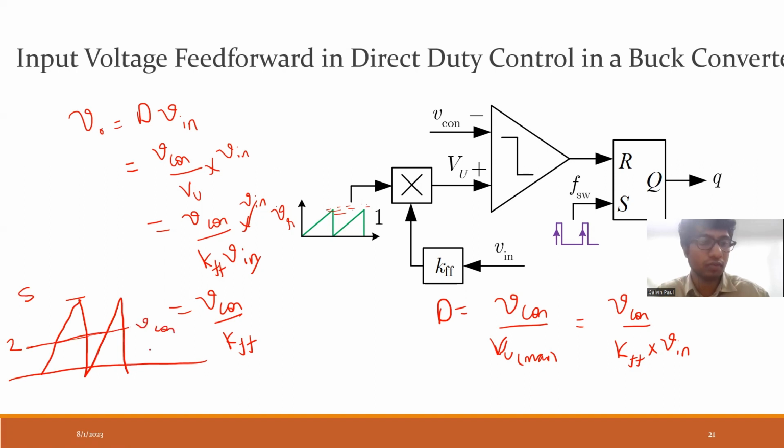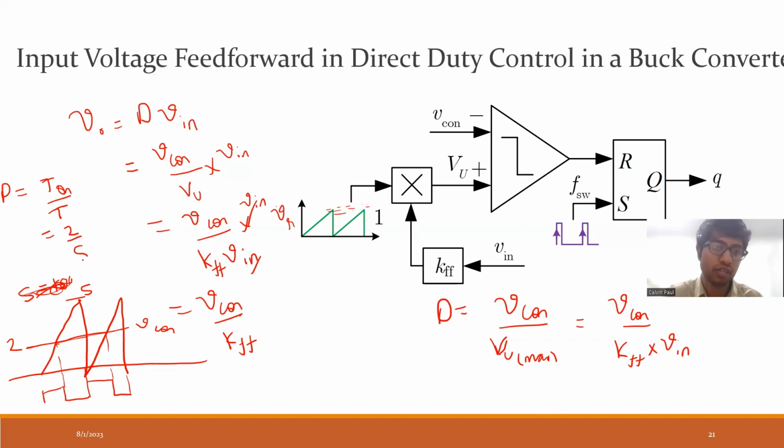So effectively my switch will be on for 2 out of 5. If 5 means 100, the value of this is 5 and the value of this is 2. So my duty ratio is on upon the total time. That comes out to be 2 by 5.